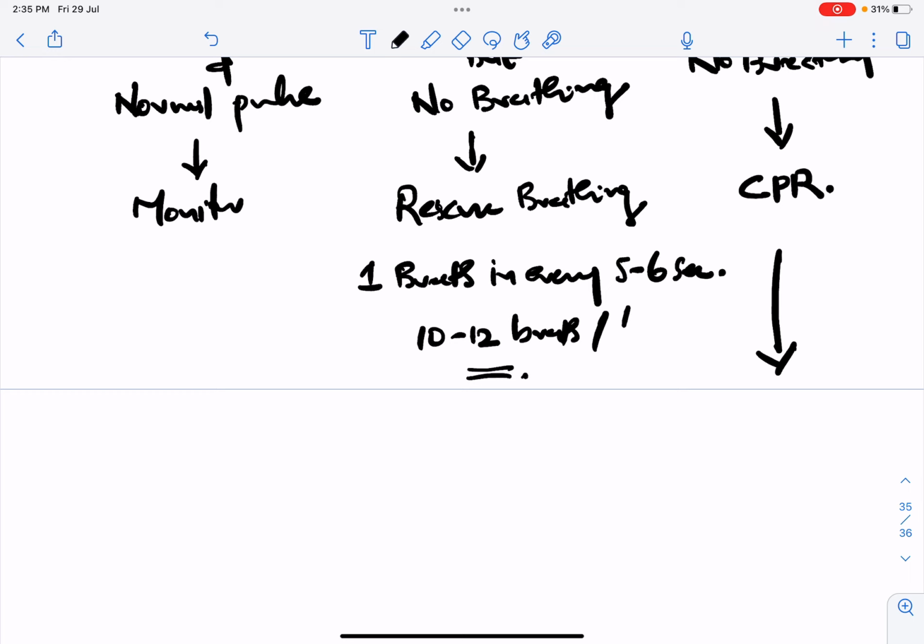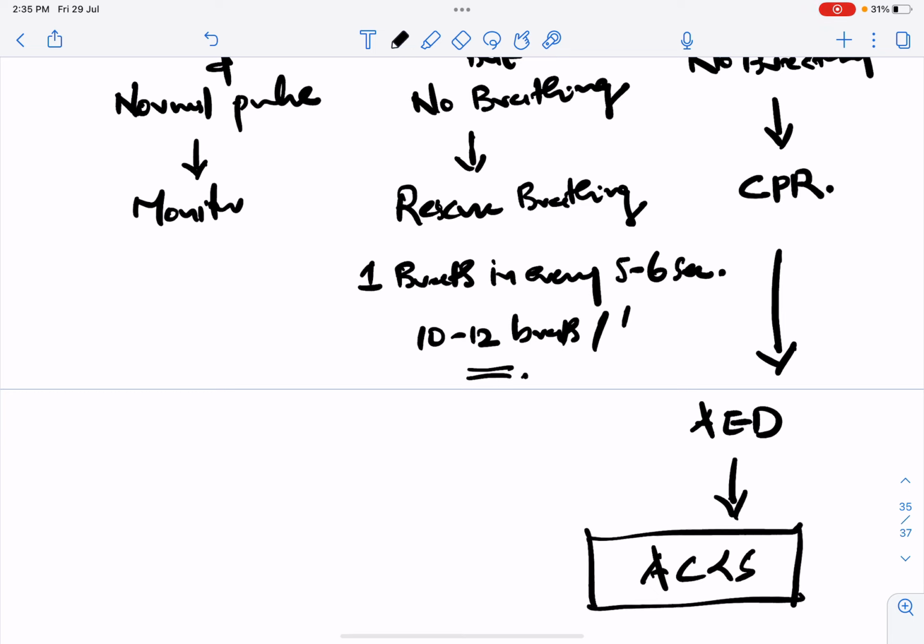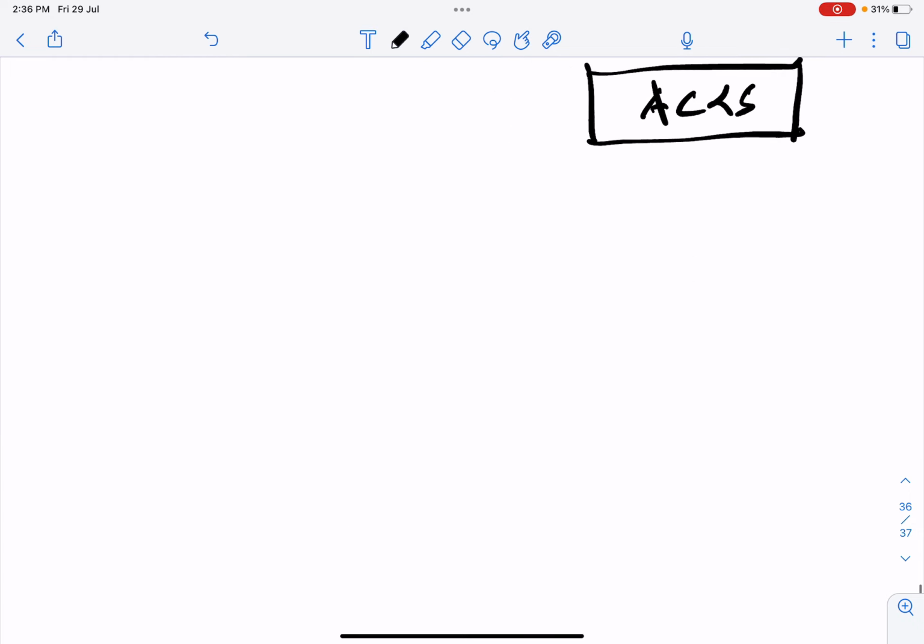Once you get an AED, the scenario changes into ACLS. Here the BLS ends and ACLS begins. So let's go to the ACLS part.